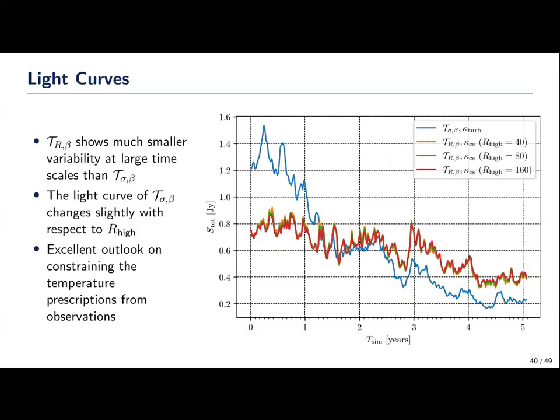But there's a big difference between the self-consistent particle-in-cell temperature prescription from Claudio and the Arbiter model from Monica, which means that if we constrain either of these models, we constrain them for good. This is a very nice outlook for the ongoing analysis. Remember, the 2021 observations of EHT are going to be compared to this and are unpublished at this point. Analysis is still going on. But this is a very nice outlook on constraining.